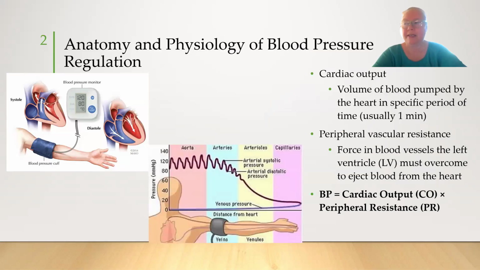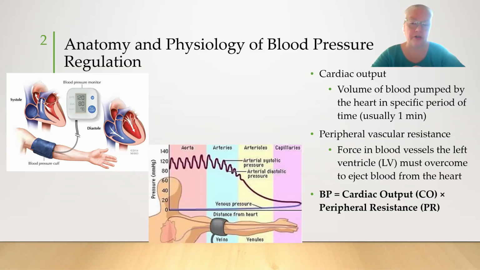The anatomy and physiology of blood pressure regulation is a multifaceted topic. Blood pressure, of course, is the force exerted on the walls of the blood vessels, and it primarily affects the arteries. It's determined by two main factors, systolic as well as diastolic pressure.